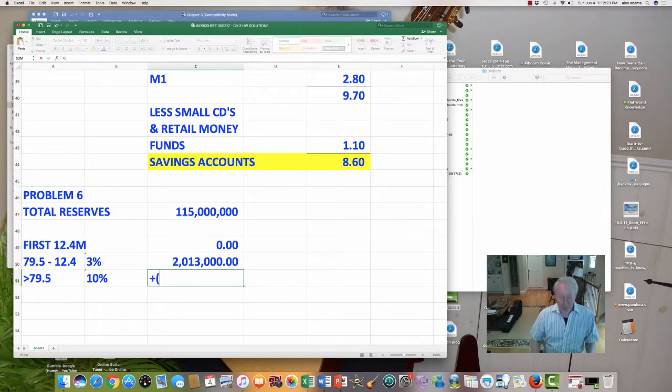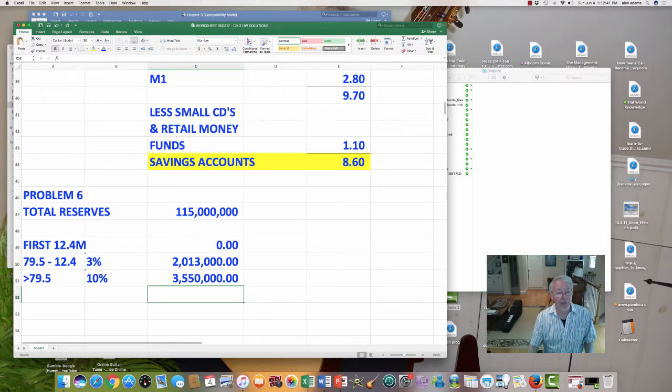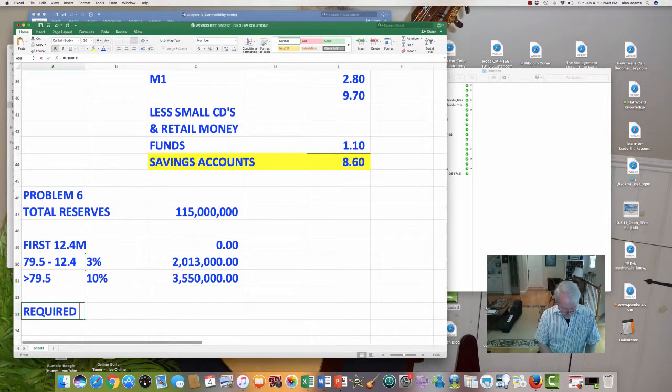So I'm going to take how much we do have, 115, minus how much we've accounted for already in the 0 bracket and the 3% bracket. And I'm going to multiply that by 0.1. And that means I've got to put away another $3.55 million.